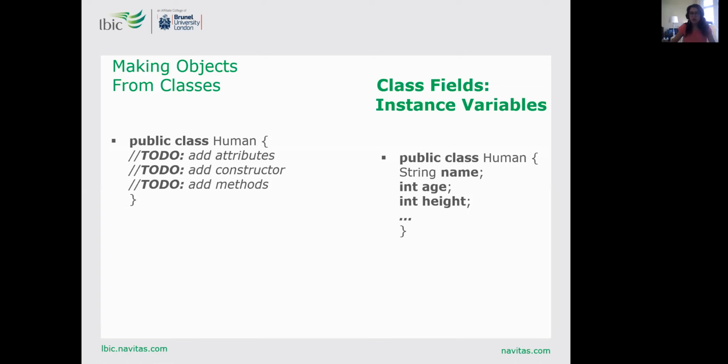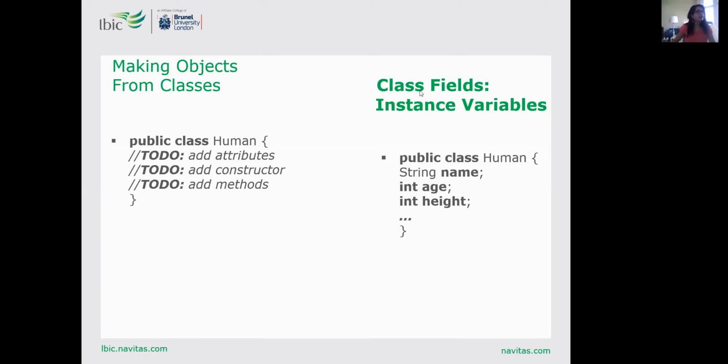Between the opening curly bracket and the closing curly bracket, we have to define the attributes of any object or instance which can be constructed from the class, and it can have many methods. Before we can create an object from this class, we need to finish explaining this class.